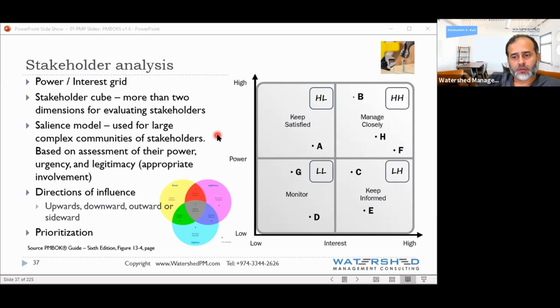All right, these are the two parameters. And as you group your stakeholders, you can have 4 compartments. Either they have high power and high interest. Give me examples of stakeholders who fit here. High power, high interest. Investors.